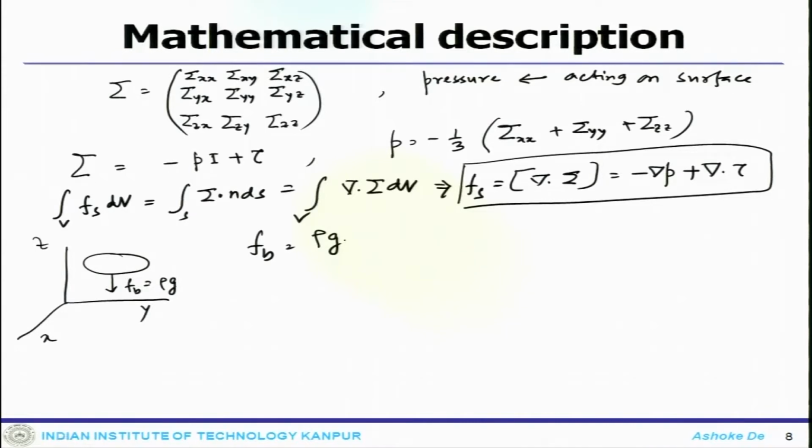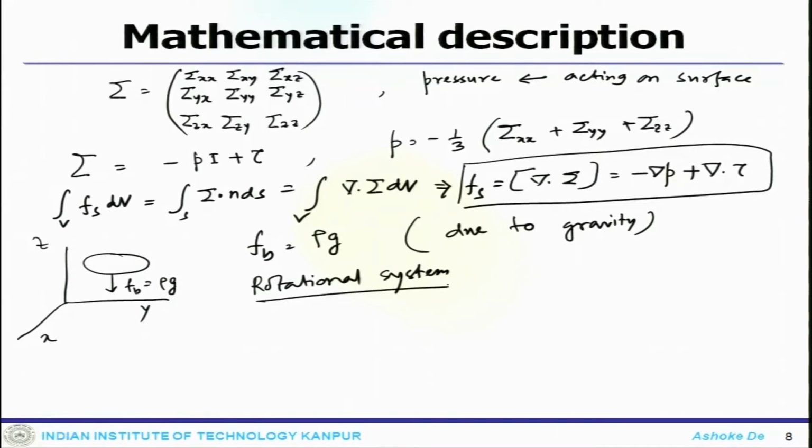Only the body force due to gravity is concerned here. Now, there could be a possibility, let us say, of a rotational system. If you have a rotational system, then you can also have some additional component. Let us say this is my x, this is my omega, and this goes like that.